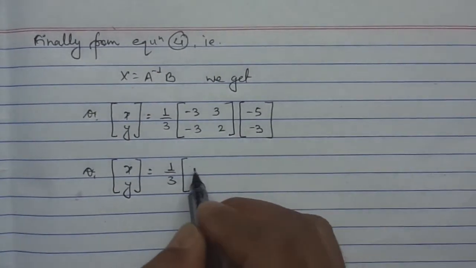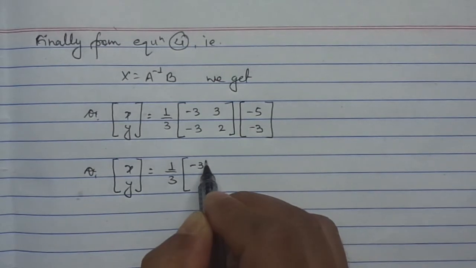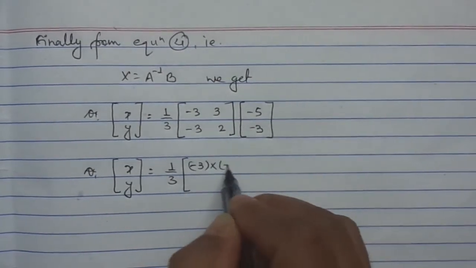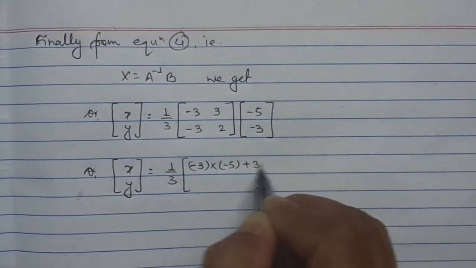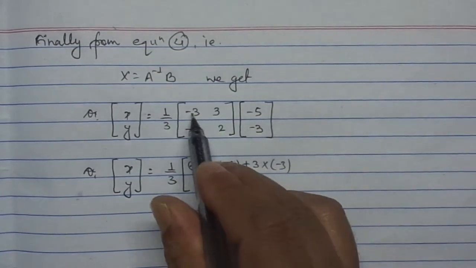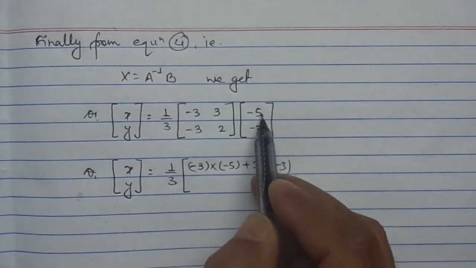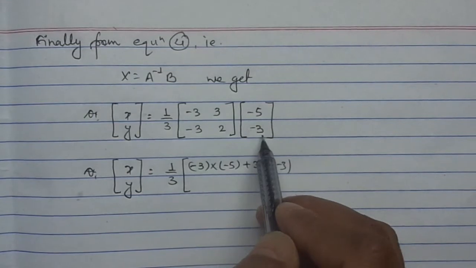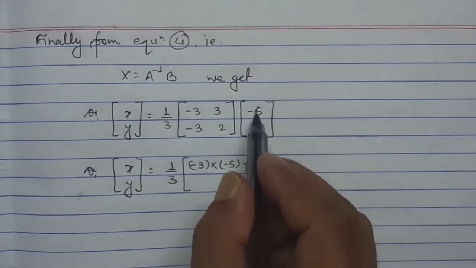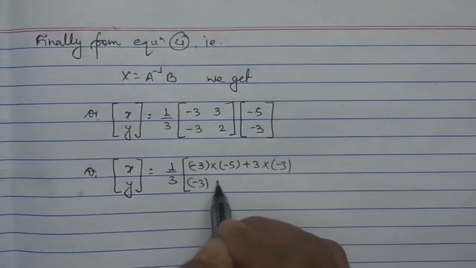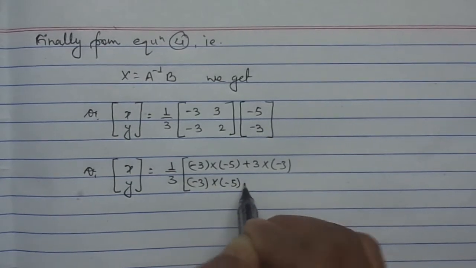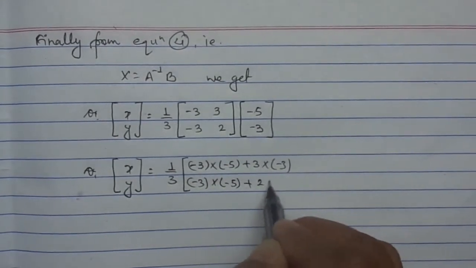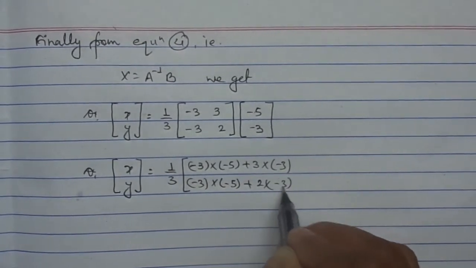Row into column, minus 3 into minus 5 plus 3 into minus 3. Row into column, minus 3 with minus 5 plus 3 into 3 with minus 3. Row into column, minus 3 with minus 5 plus 2 into minus 3.